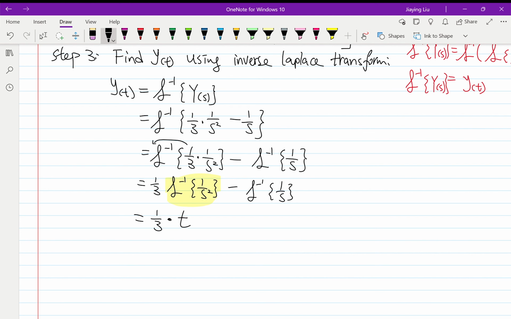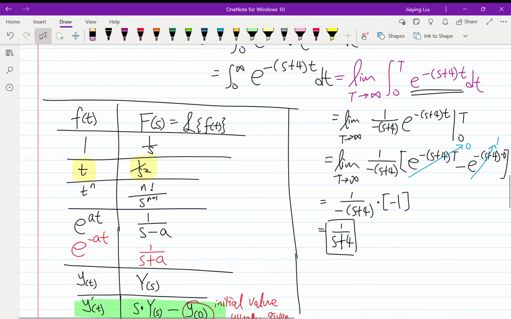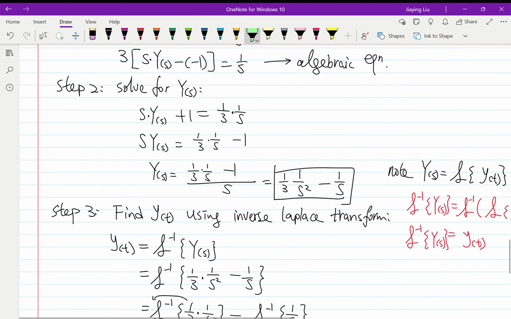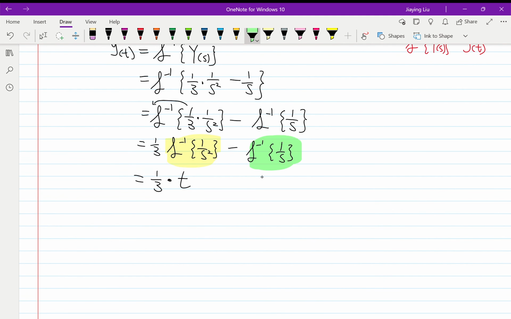And what about the inverse Laplace of 1 over s? Again, if we go back to the table, 1 over s is here. If we apply the inverse Laplace transform, we should get f of t, which is 1. So this part becomes 1. That's it. So that's a lot of translating, going from a function of t to a function of s, and then from a function of s to a function of t at the end.